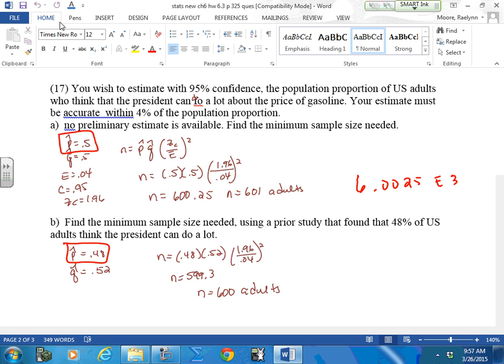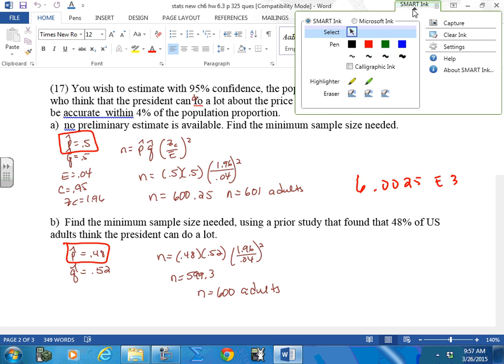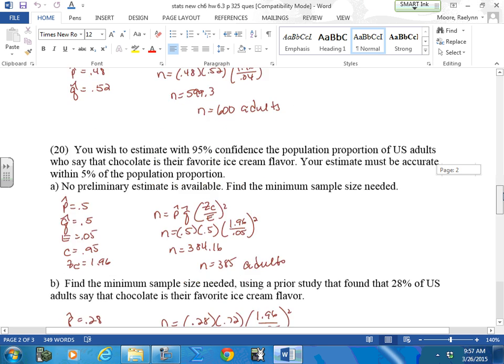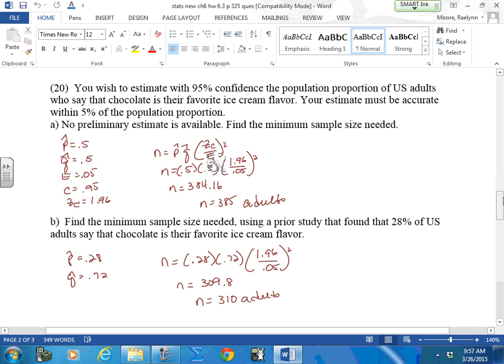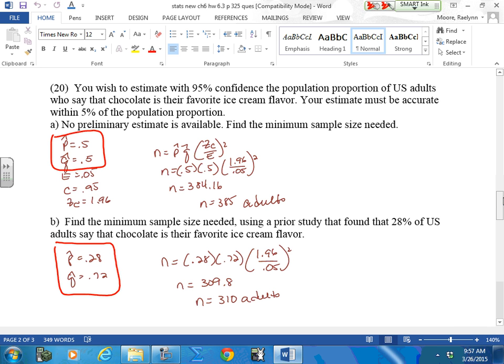The second one that they did here is probably a little bit better to see, because here you had no preliminaries, so you went 0.5, 0.5, but here we went to 0.28. See the decrease in your sample size? It's a lot more noticeable. What do you do when it says compare?